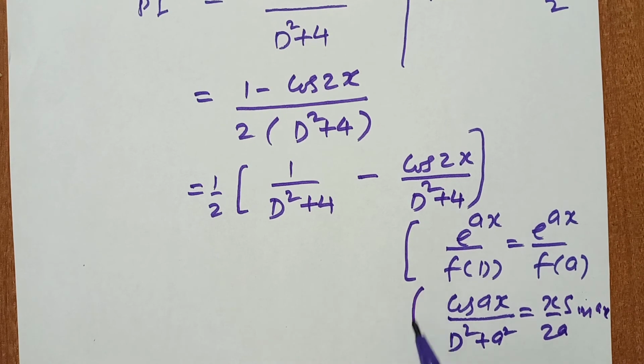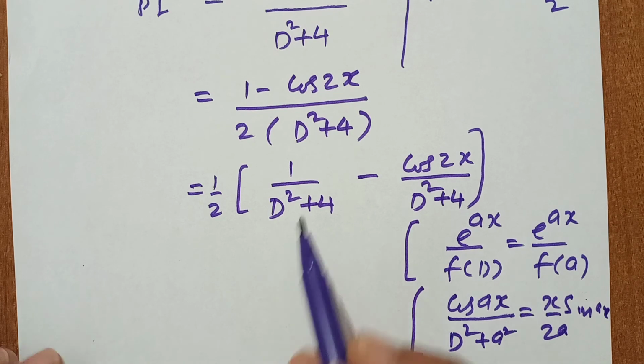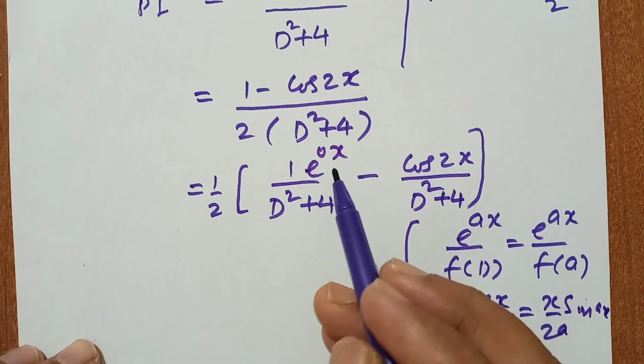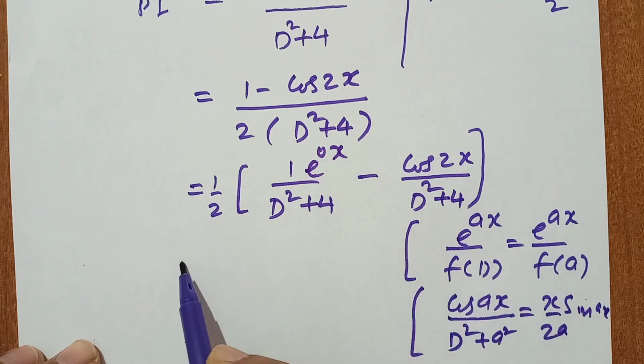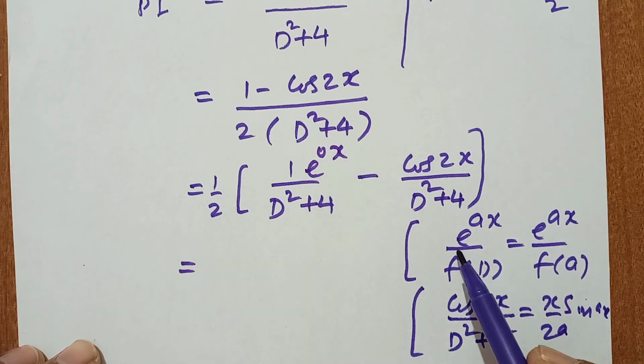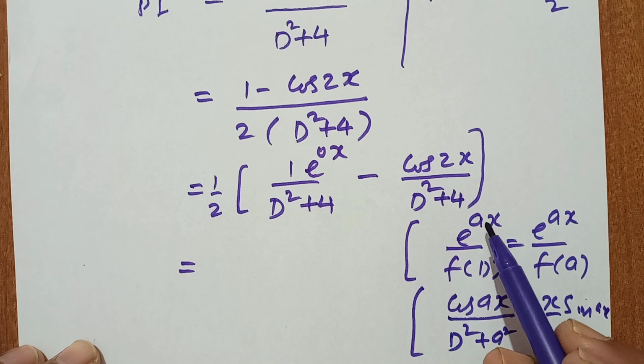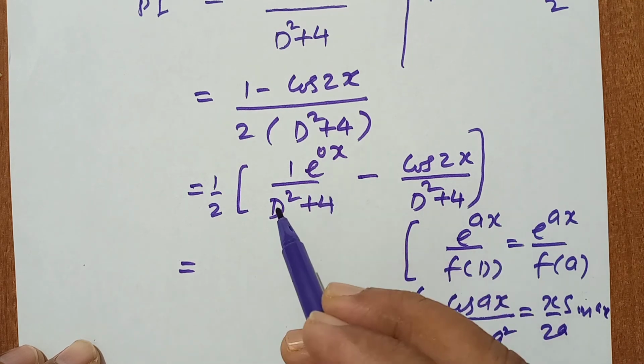Okay, so this formula we will use here. So you can write e to the power 0x because e to the power 0 is 1. So here the formula e to the power ax upon f(d) equals e to the power ax upon f(a). So you put d equal to a in place of d. So here we put d equal to 0.